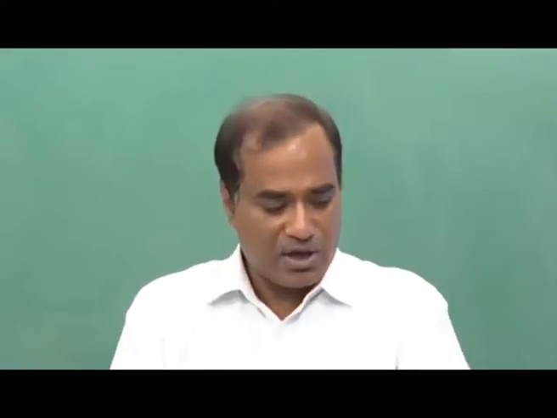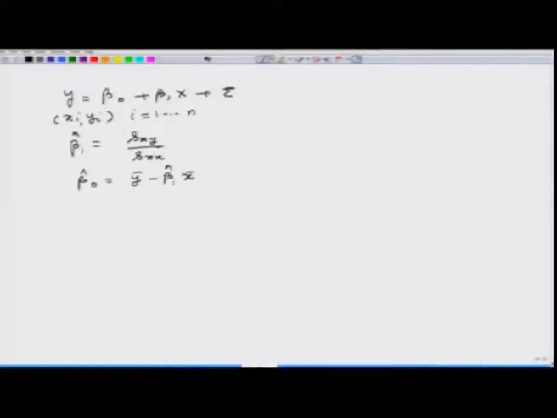So, if you try to recall, our model was y is equal to beta 0 plus beta 1 x plus epsilon, and we had obtained the observations, say xi, yi, i goes from 1 to n, and we had obtained beta 1 hat as Sxy upon Sxx, and beta 0 hat was obtained as y bar minus beta 1 hat x bar.